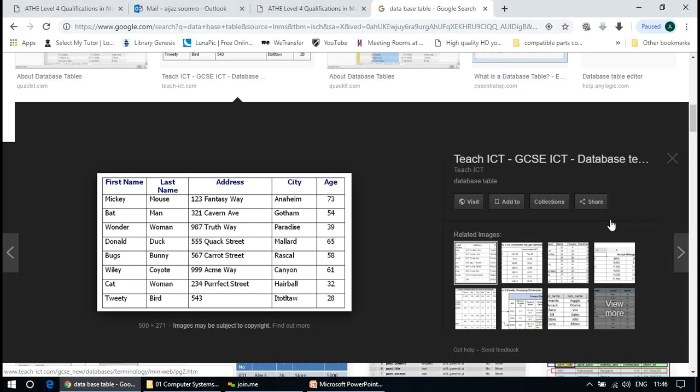The columns and rows make a table, a relational table.